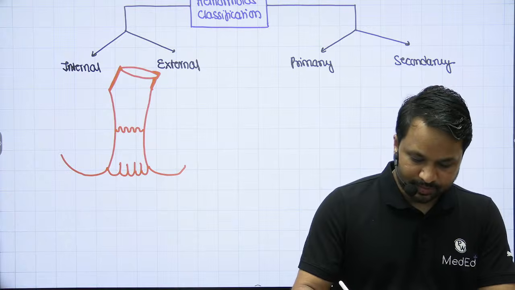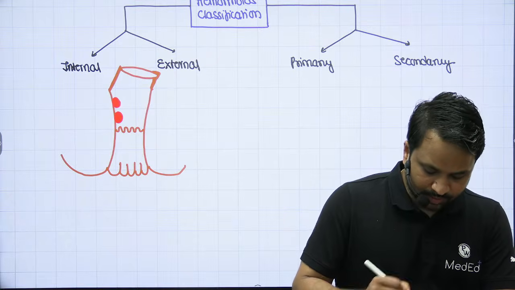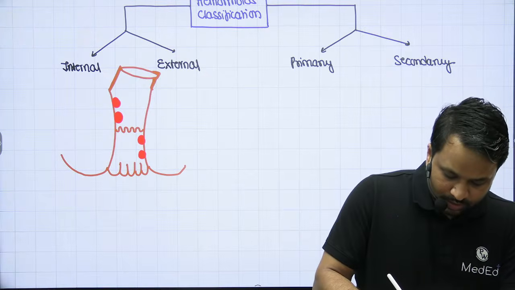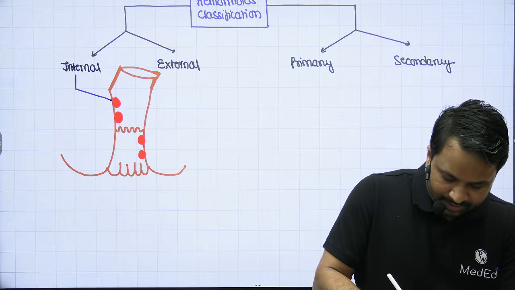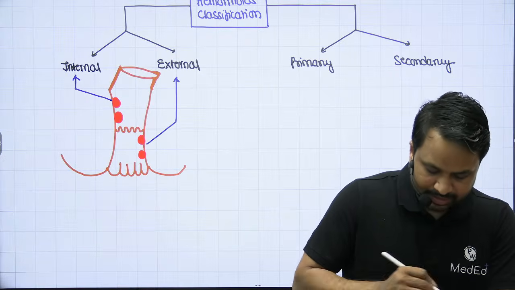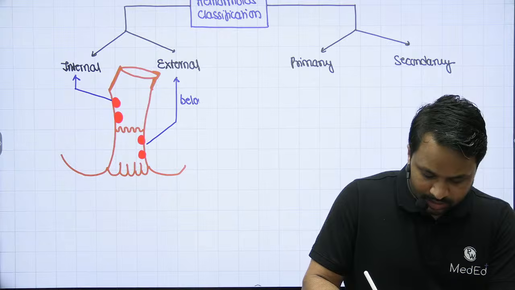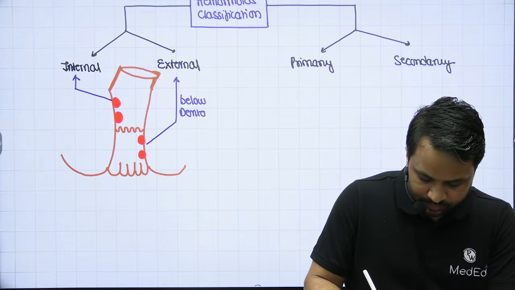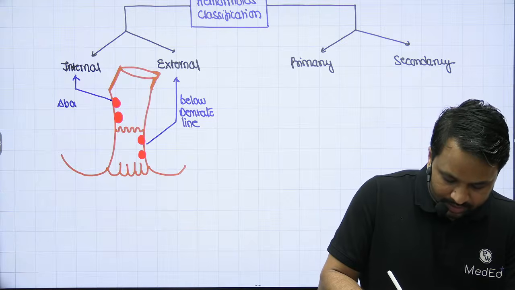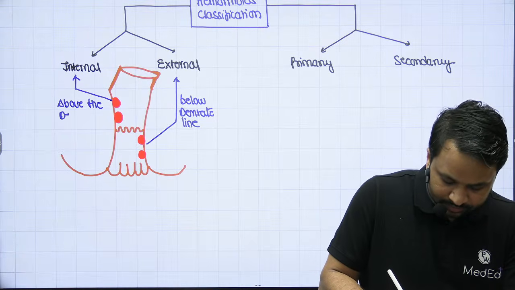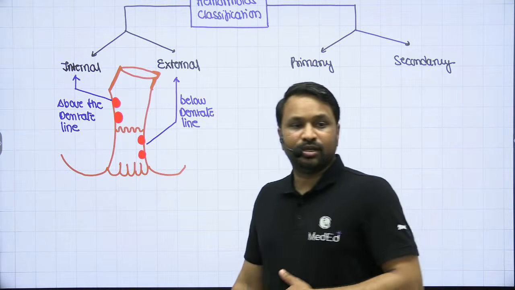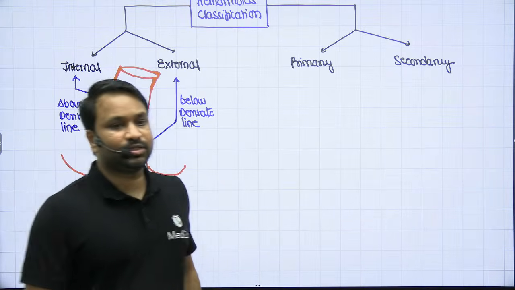Any hemorrhoid present above the dentate line is internal. Below the dentate line is external.